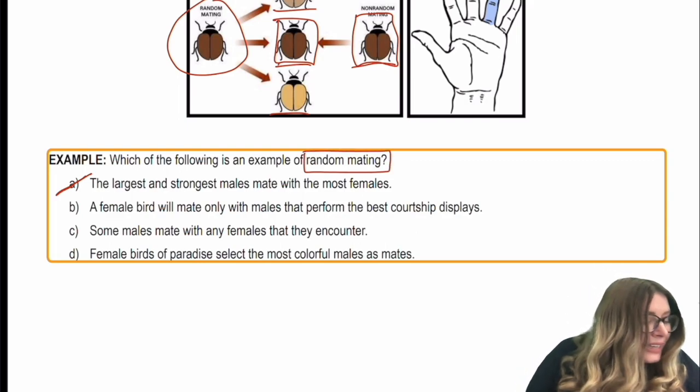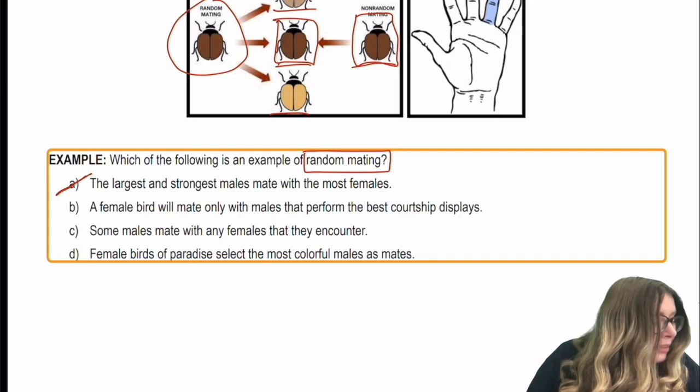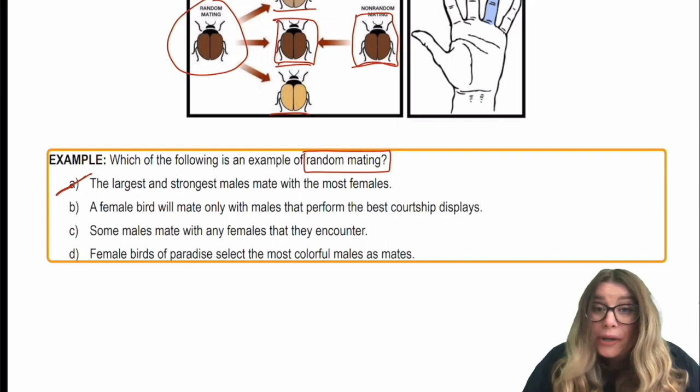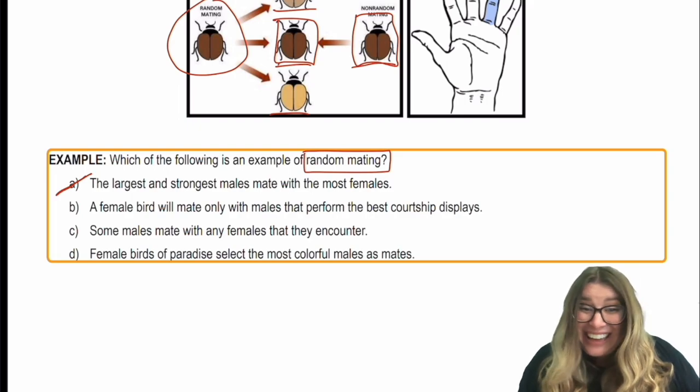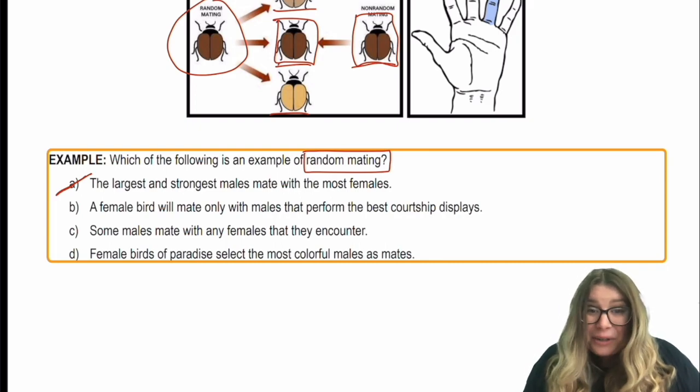Answer choice B says, a female bird will only mate with males that perform the best courtship displays. Once again, that is not random. That is the female choosing who she wants to mate with based off of a certain phenotype. This time it's a behavioral phenotype, where we have a courtship display.